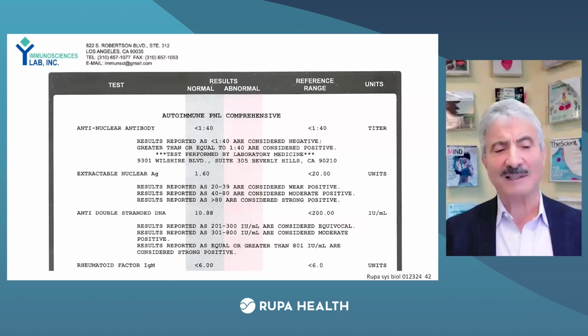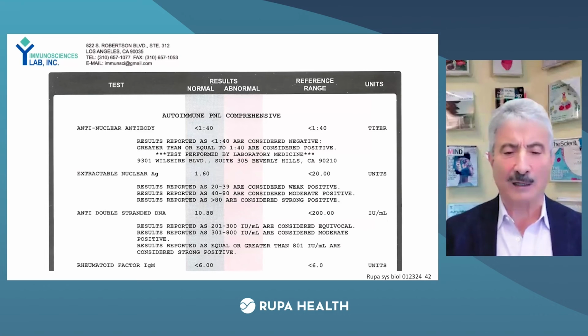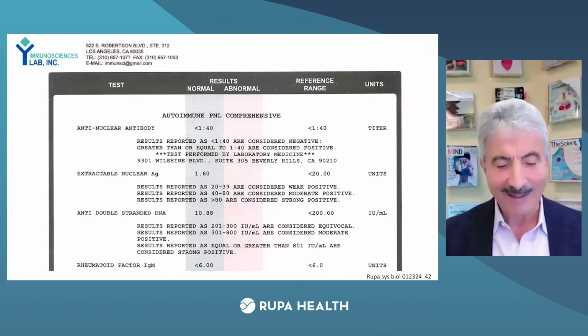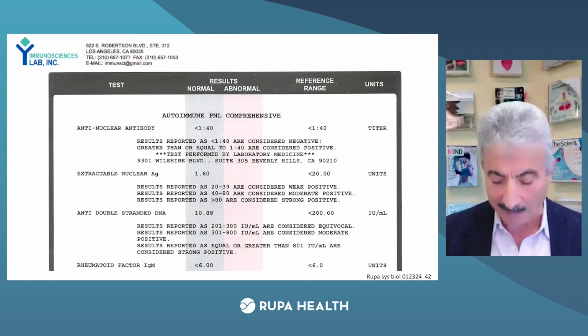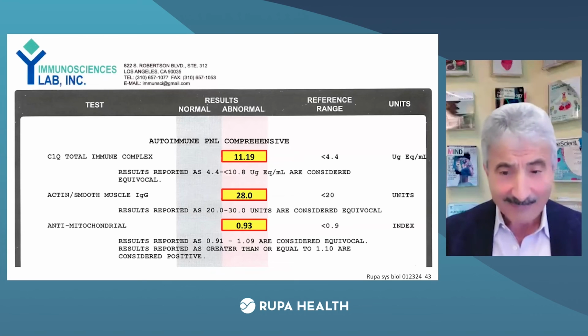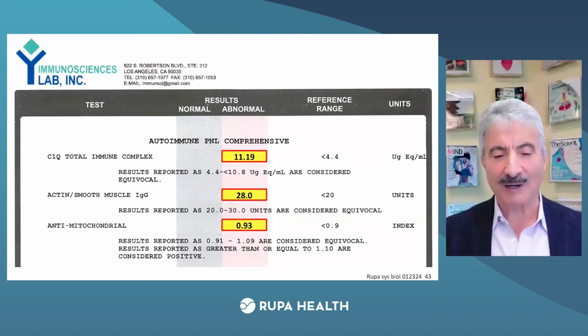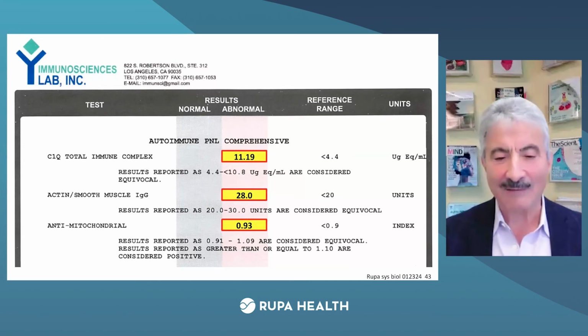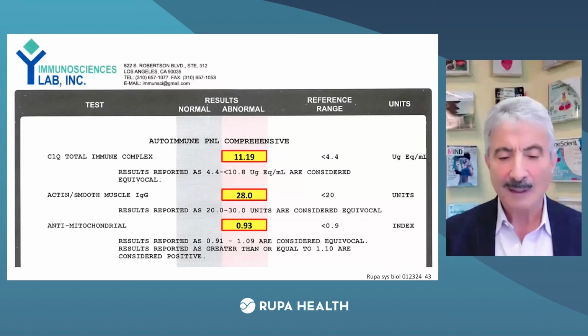At the immunosciences lab, we also did the classical autoimmune panel: negative antinuclear antibody, negative ENA, negative double-stranded DNA, negative rheumatoid factor, but immune complexes were elevated, which indicates significant presence of inflammation.